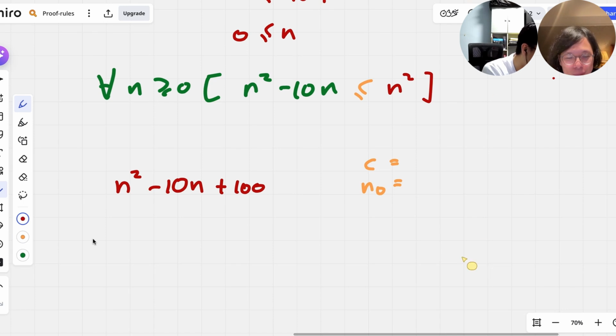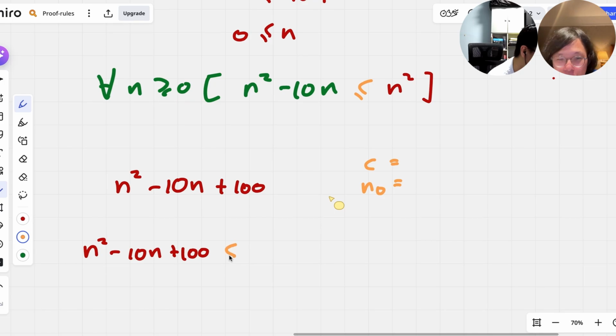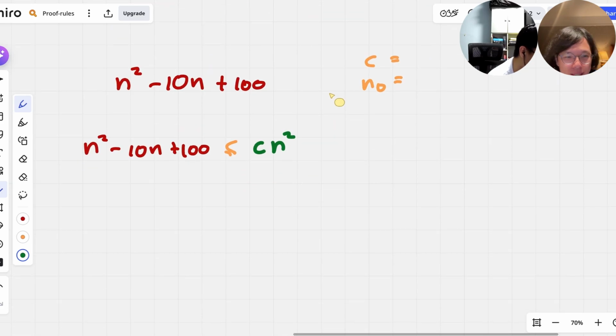Okay, so let's try from what you wanted to do. So let's try n squared minus 10n plus 100. We want this, somehow, to be less than or equal to c times n squared, right? So I guess we do the equating thing, and we might not know the value of c that we want.